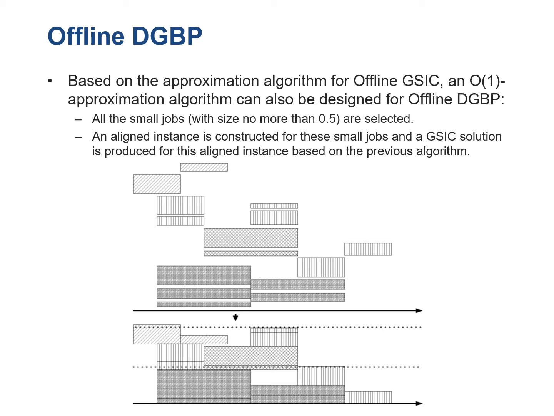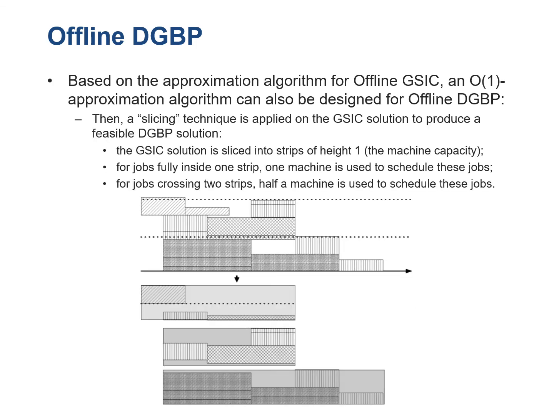Next, we slice the solution into strips, each with a height equal to the machine capacity. For those small jobs fully inside one strip, one machine is used to schedule them, and for the jobs crossing two strips, half of a machine is used to schedule these jobs.